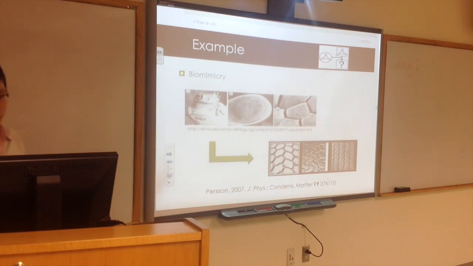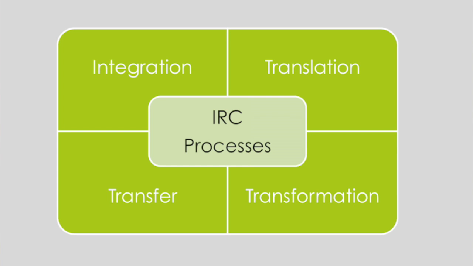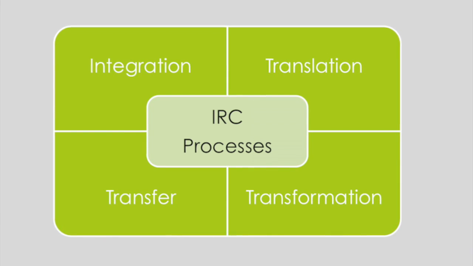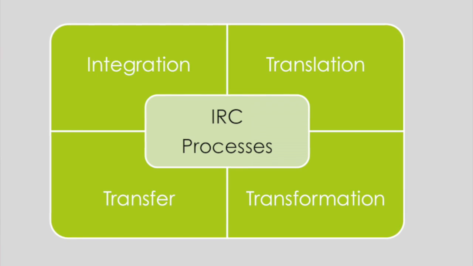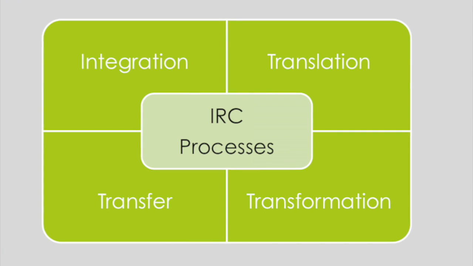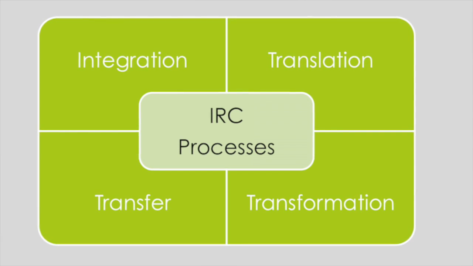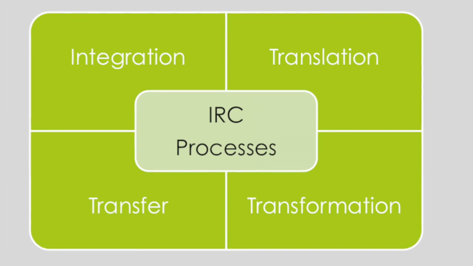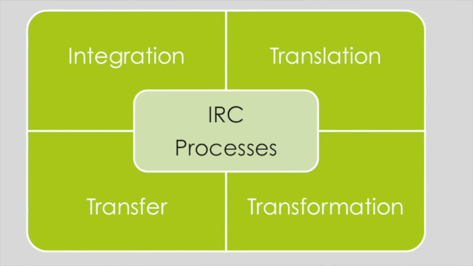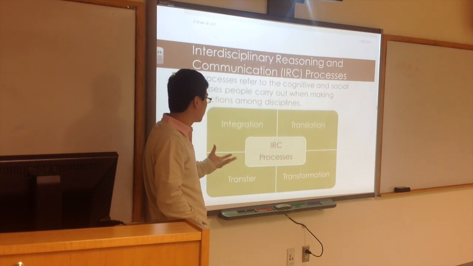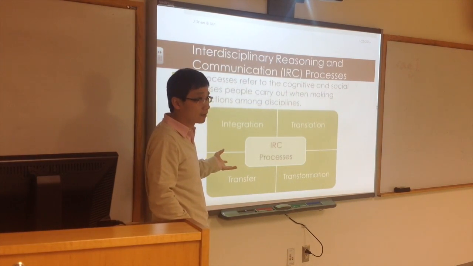This is just one interesting example. So those are the four processes that I have come up with from our own studies, and I found they helpful for me to think about iSTEM curriculum or assessment or learning processes.